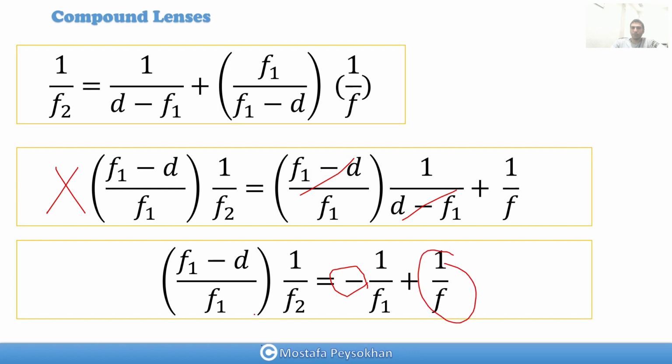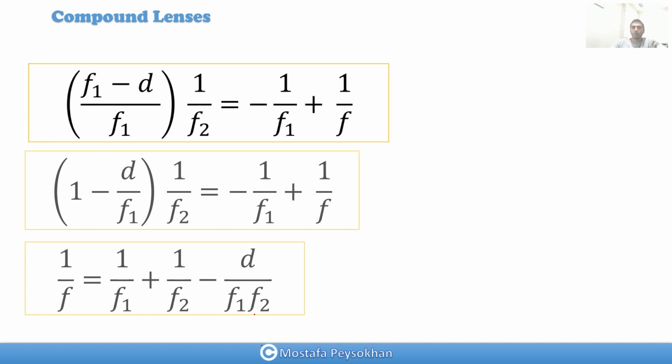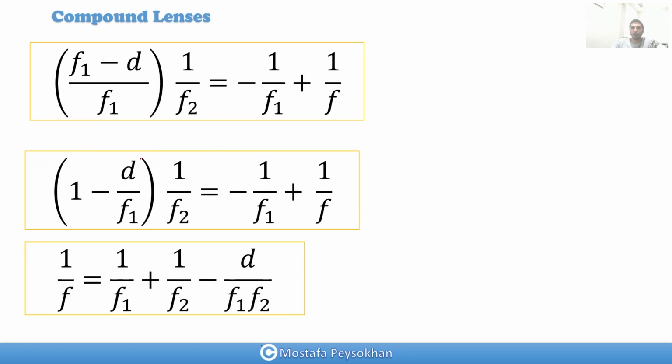Now in this equation, we just factor f1. We have 1 minus d over f1 times 1 over f equal to minus 1 over f plus 1 over f. So 1 over f remains on this side, and 1 over f1 goes to the other side. We have 1 over f equal to 1 over f1 plus 1 over f2 minus d over f1 f2.